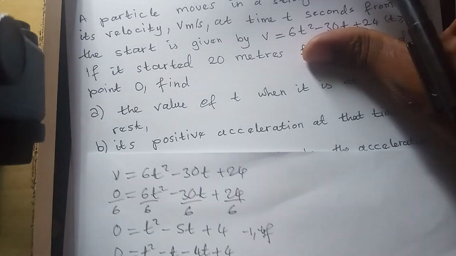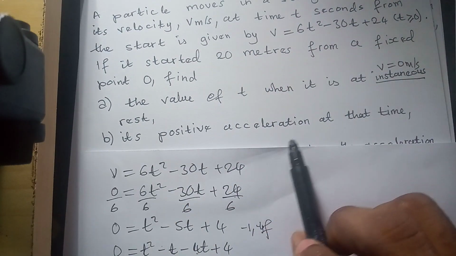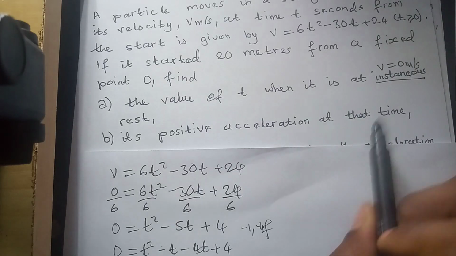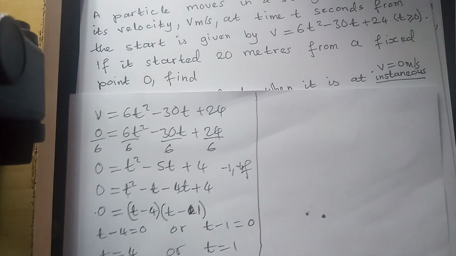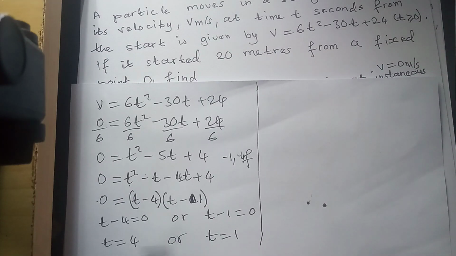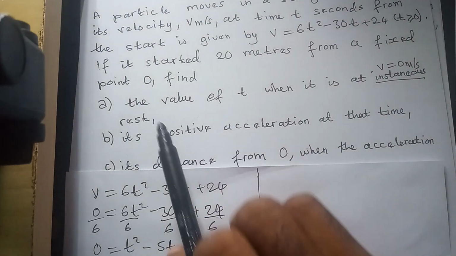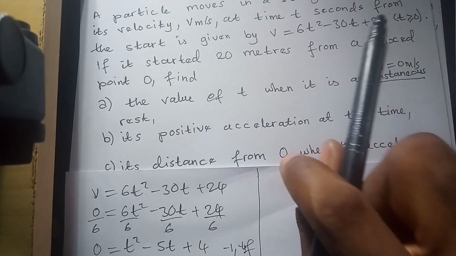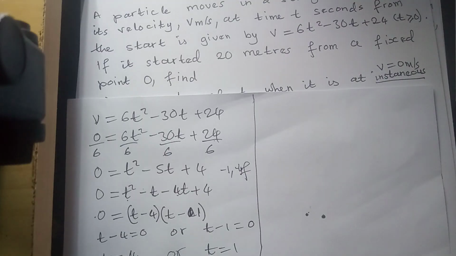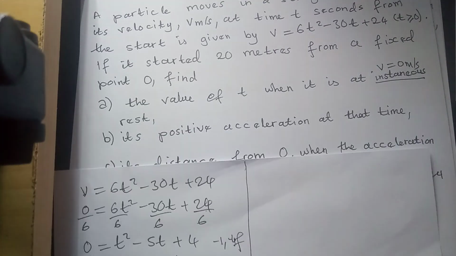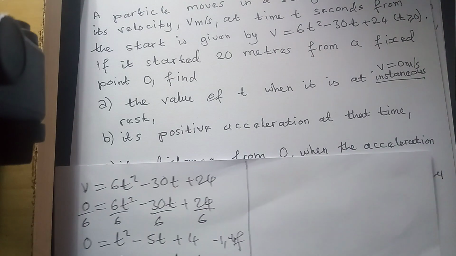And then find its positive acceleration at that time. So to find its positive acceleration at the times it's instantaneously at rest, you can substitute these in the acceleration equation.